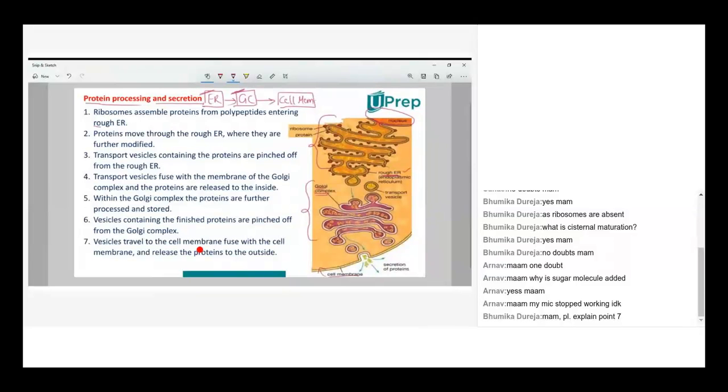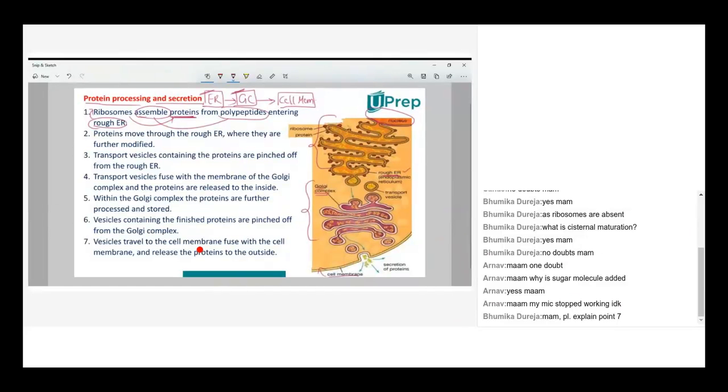Now first, what happens? In the rough endoplasmic reticulum, you will be having ribosomes. Now what will ribosomes do? Ribosomes will produce proteins. How are proteins synthesized? Proteins are synthesized by ribosomes by assembling polypeptides.